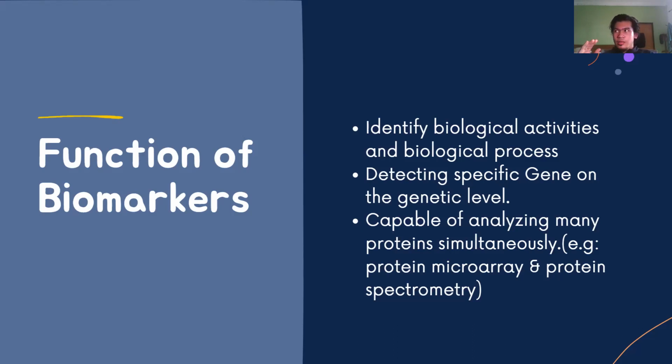Sometimes they want it lower, to make it easier to collect the fruits, and sometimes they want it higher to have some advantages. So scientists usually use biomarkers to detect the specific genes that they want to maybe delete, change, or clone. So at the genetic level, detecting the specific gene is really useful by using the biomarker.